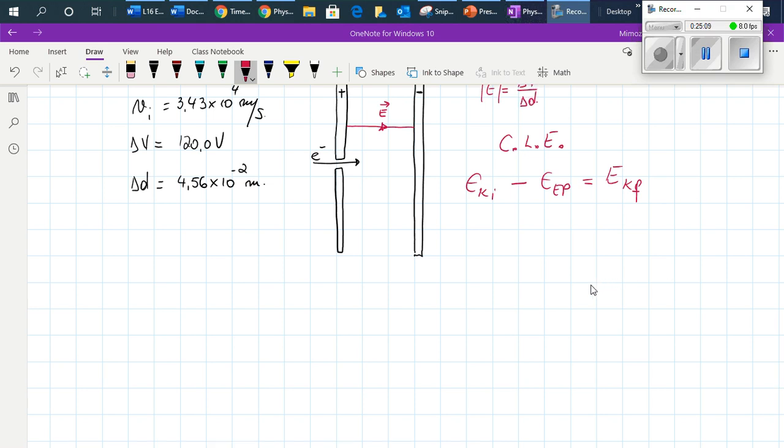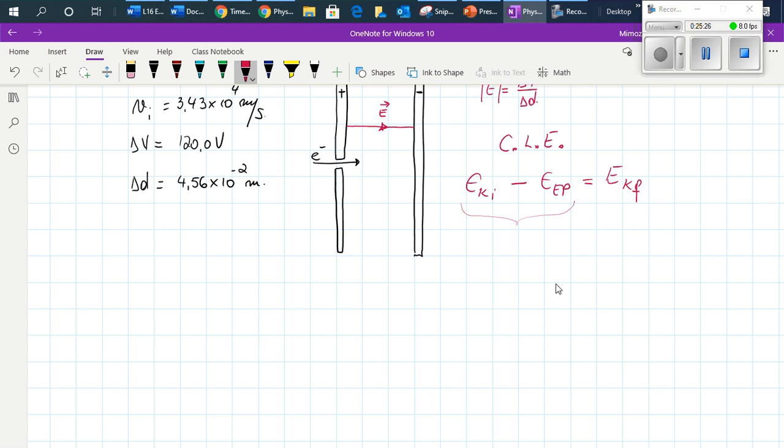Since we are asked if the electron will make it to the other plate, let's see what sign this value has. If it has a positive value, that means that the final kinetic energy has a certain value.